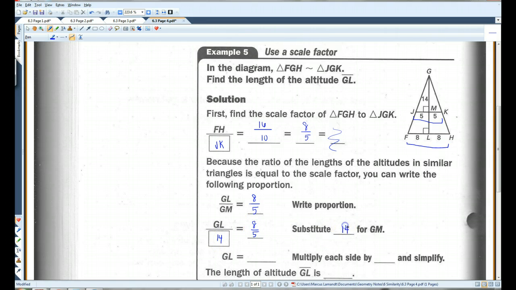I substituted 14 for GM. So I'm going to add in another step. I've got 5 times GL equals 8 times 14. Which is 112. Okay. I'll divide by 5.